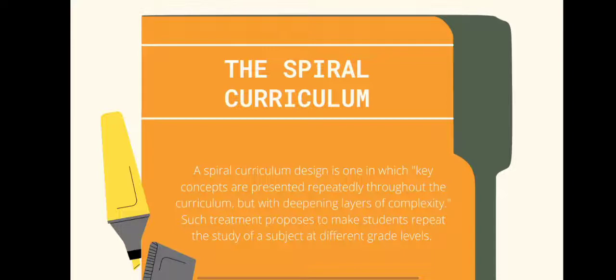Such treatment proposes to make students repeat the study of a subject at different grade levels. So, for us to understand the idea of spiral curriculum design, the concepts or topics are systematically reintroduced at every academic level, thus considering their developmental stages.